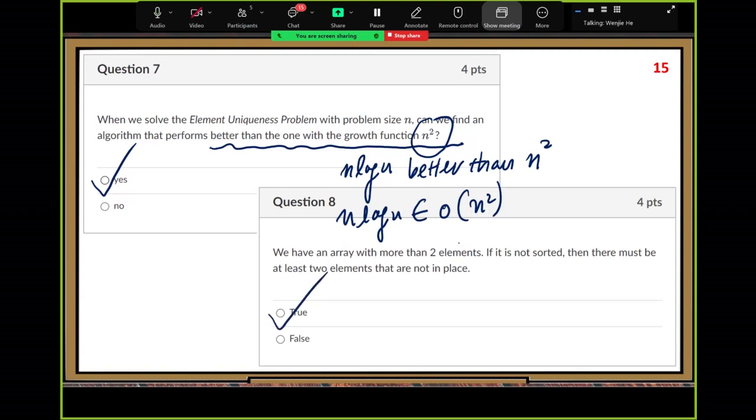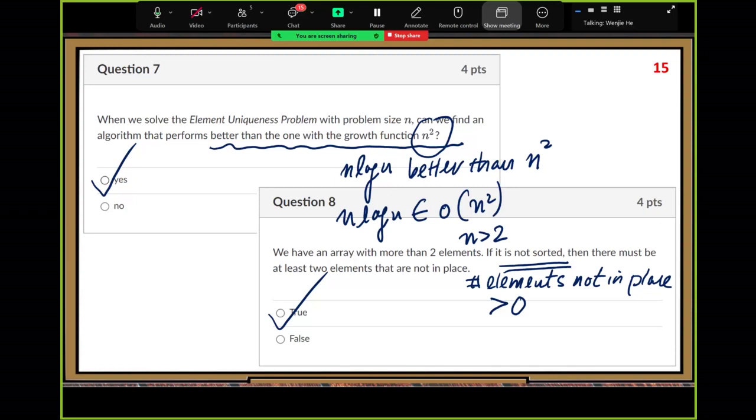So the question is, if it's not sorted, the number of elements not in place must be greater than 0, right? Otherwise, if it equals 0, that means all elements are in place, right?